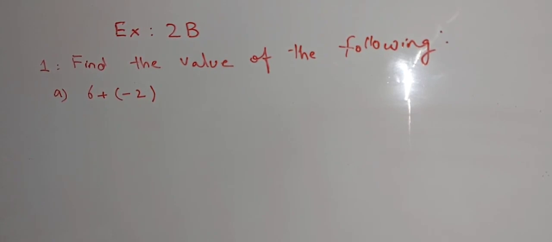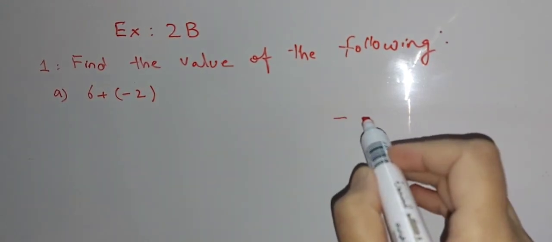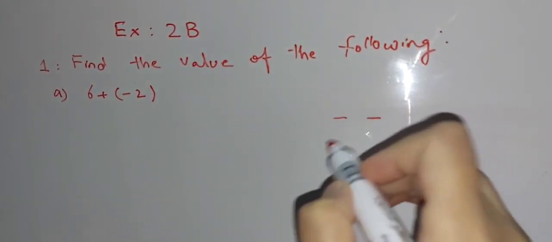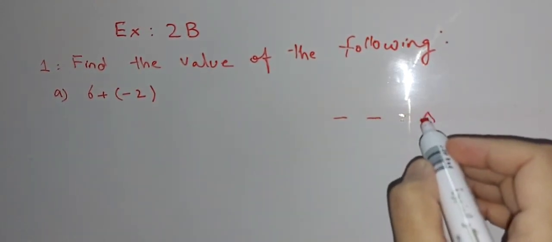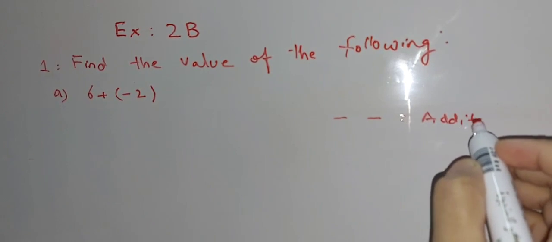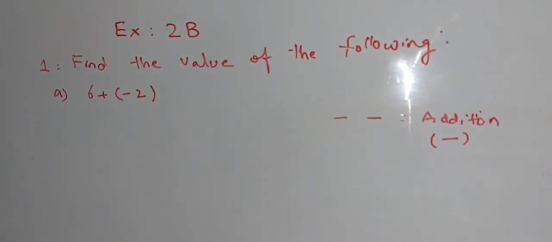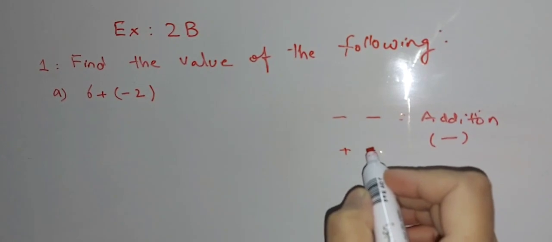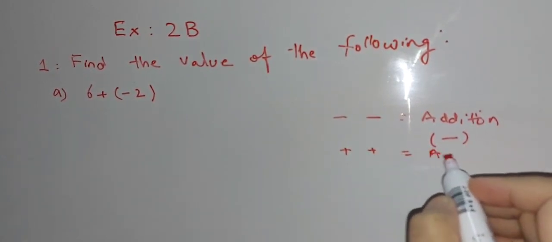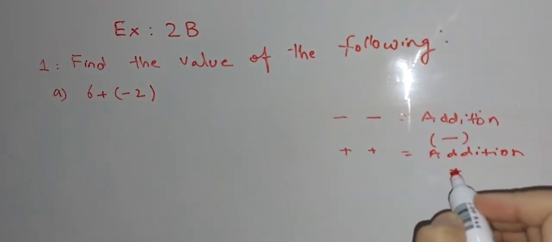Before starting these types of questions, you should keep in mind that whenever you are going to add, if two numbers both carry minus, you will go for addition, and the answer will come with a minus sign. If the two numbers are with plus sign, plus and plus, it is always addition, and the answer will also be with plus.